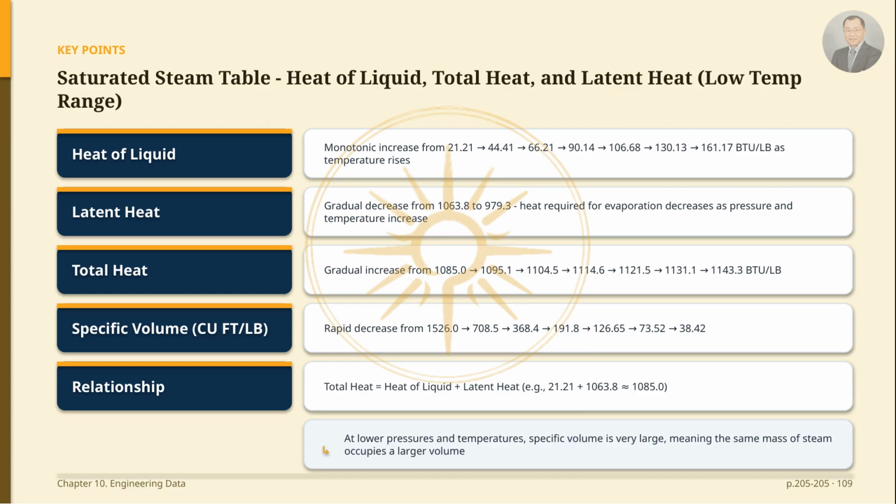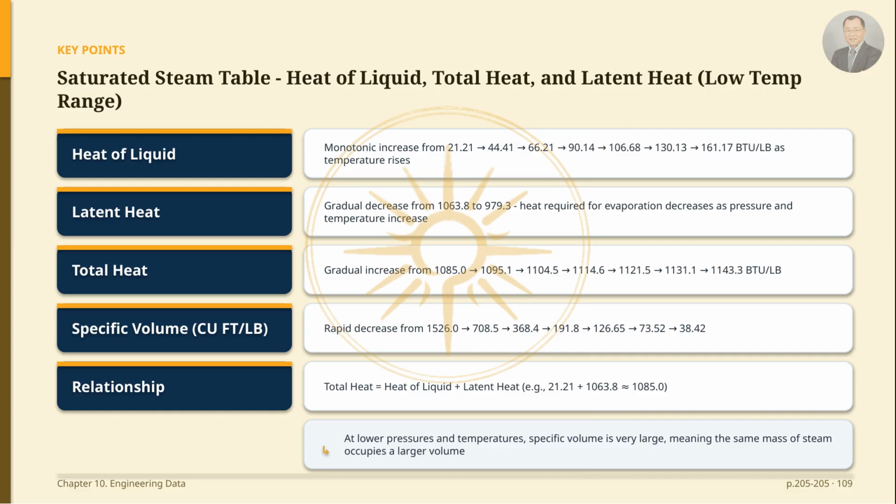On the other hand, the latent heat of evaporation gradually decreases from 1063.8 to 979.3 BTU/LB. This is because as pressure and temperature increase, the heat required to convert liquid into steam decreases.